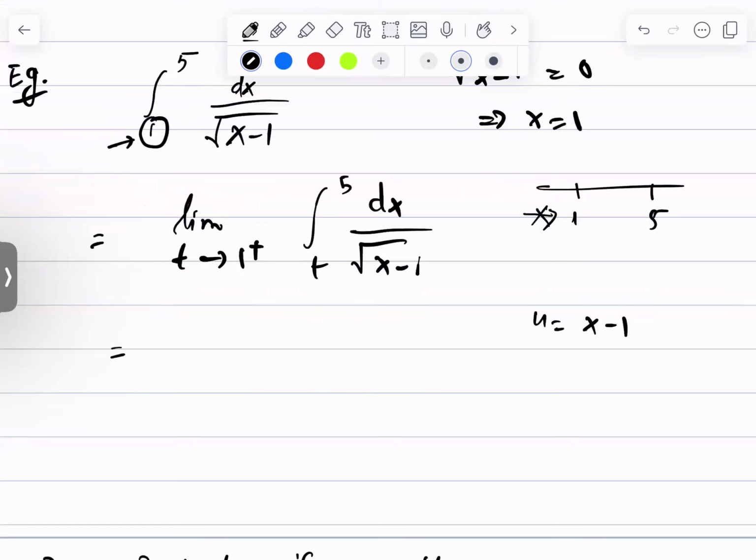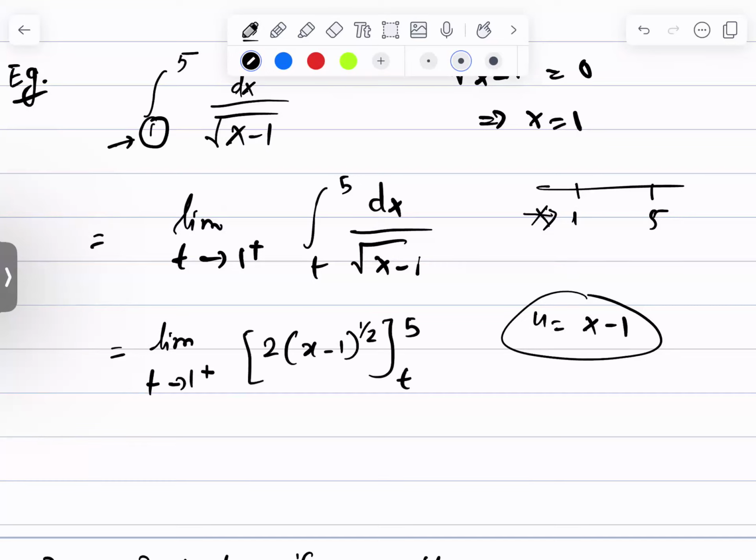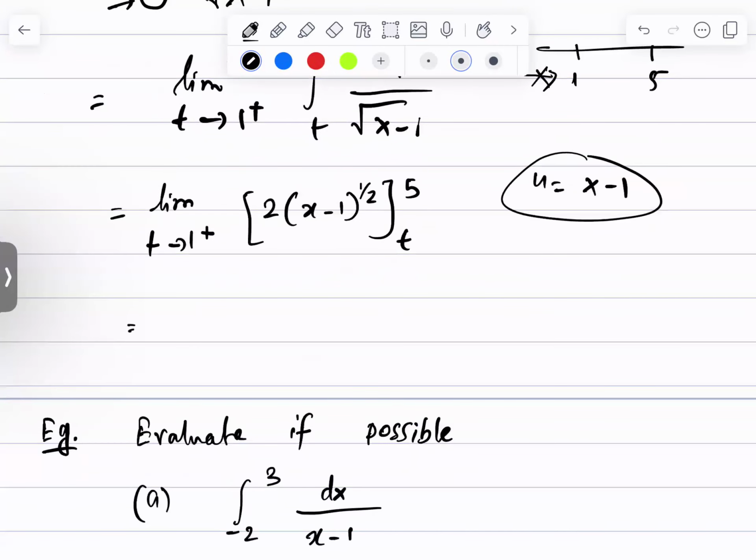At the end, you'll get something like 2 times the square root of x minus 1, t to 5. If I write that down, it should be 2 square root 4 minus 2 square root t minus 1, where t tends to 1 plus.